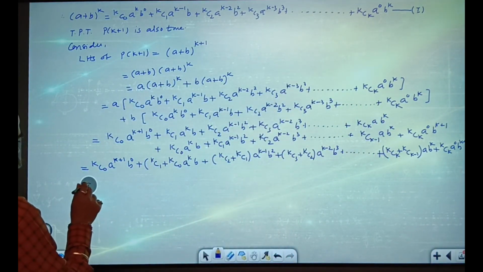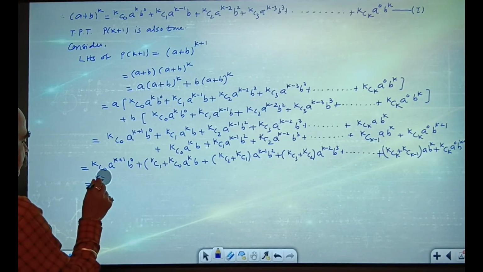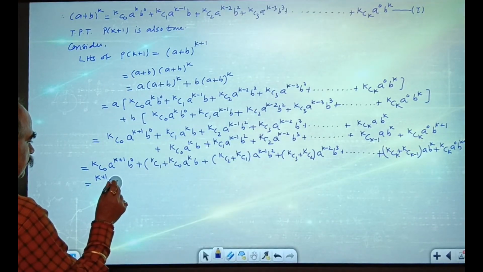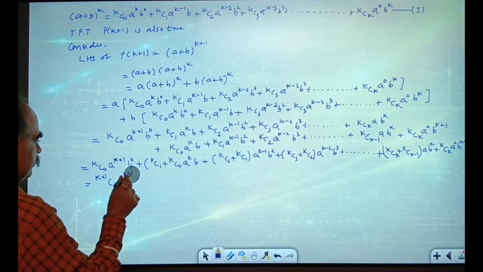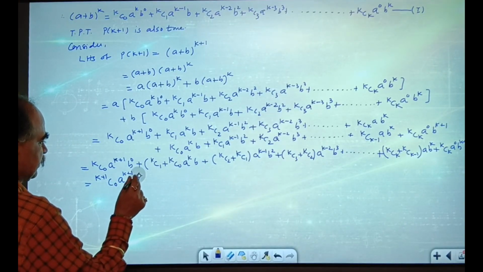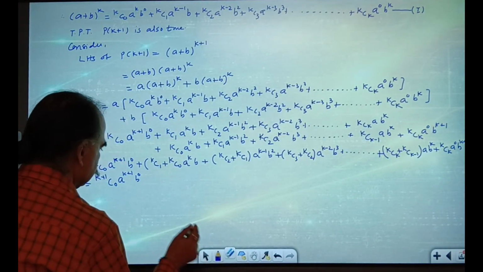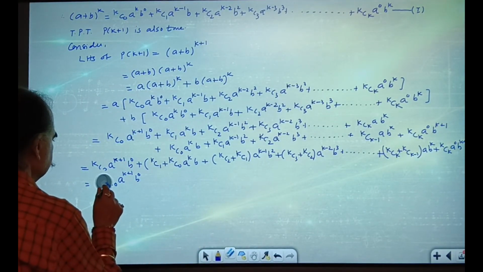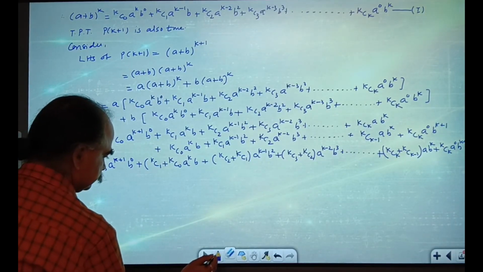Now, this can be written as K plus 1 C 0 A raised to K plus 1 B raised to 0. Let me, for the time being, keep as it is.